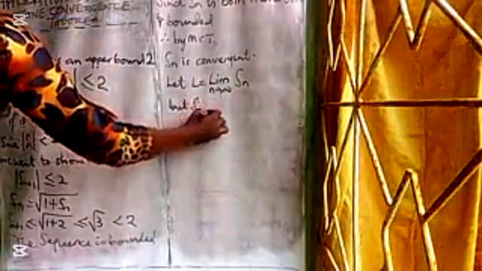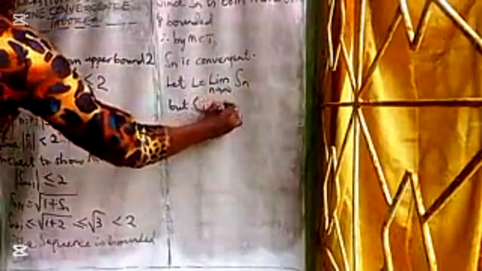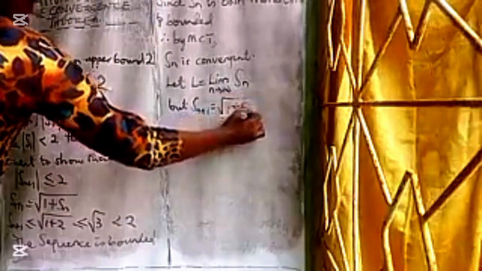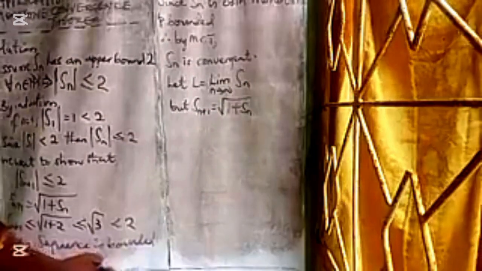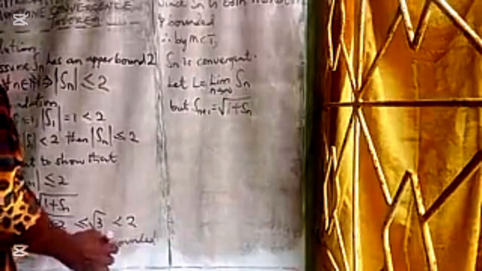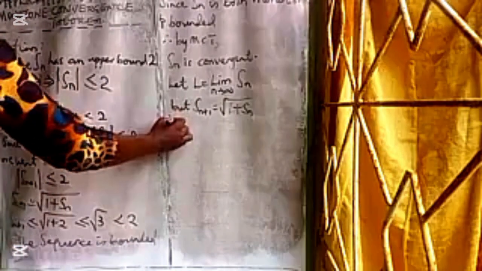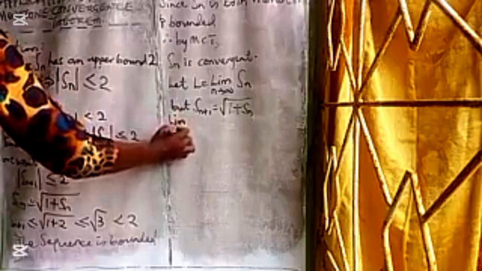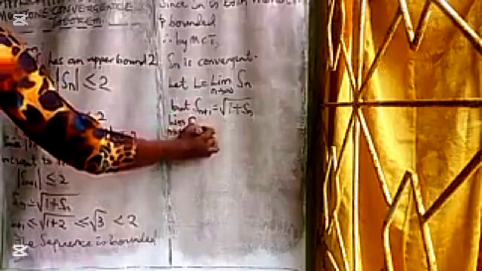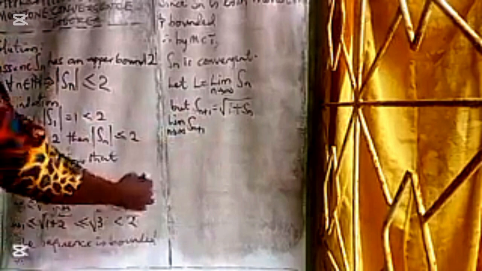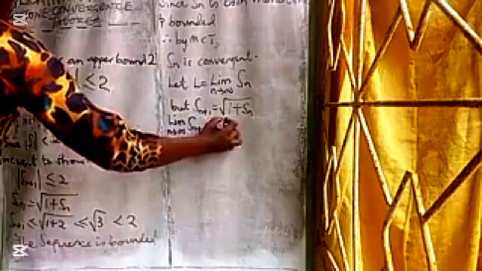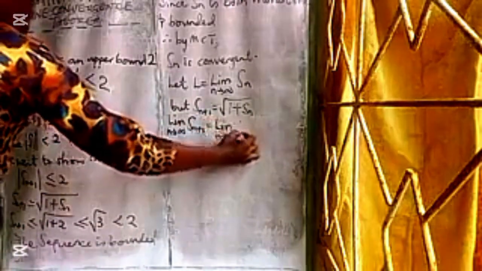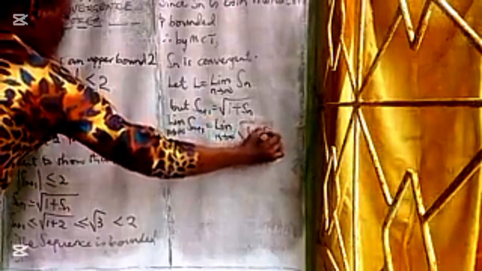But Sn plus 1 is equal to the square root of 1 plus Sn. Therefore, the limit as n tends to infinity of Sn plus 1 is equal to the limit as n tends to infinity of the square root of 1 plus Sn.